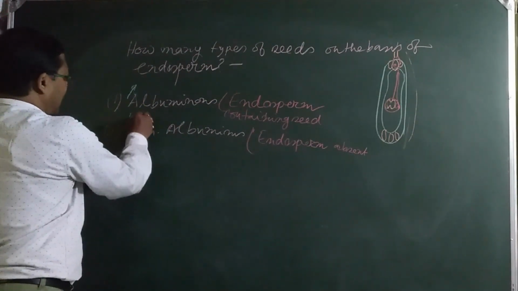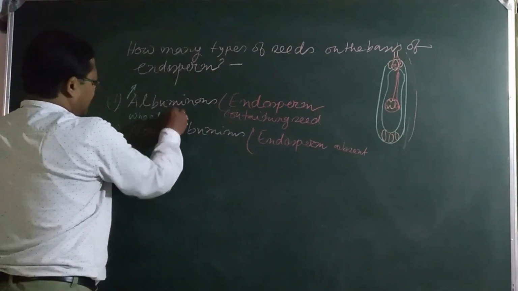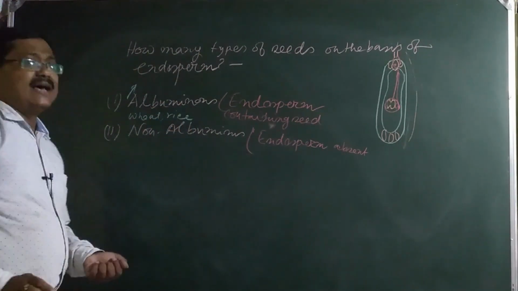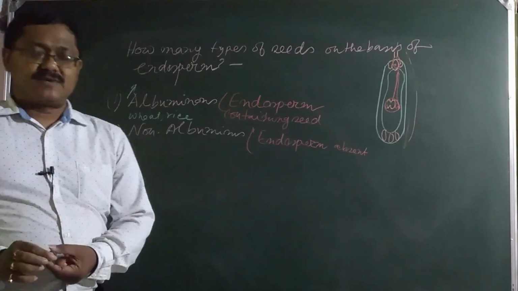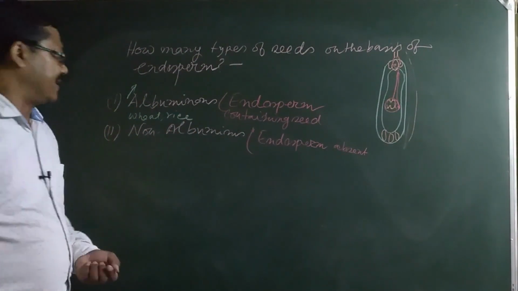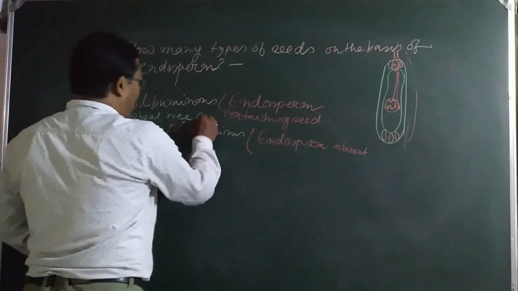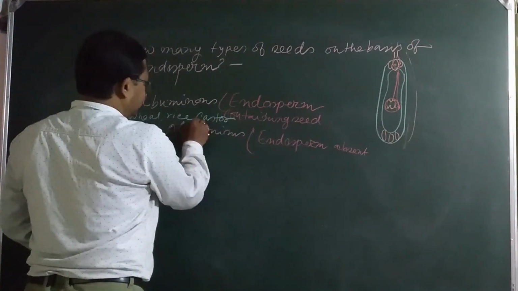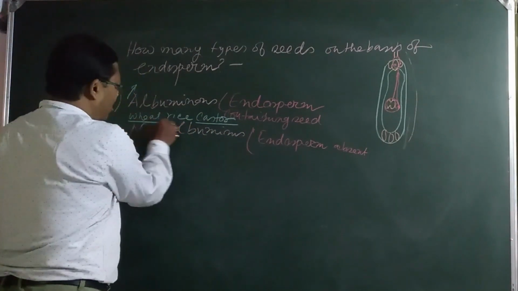Wheat and rice are endospermic monocot seeds. Some few dicot seeds are endospermic, that is the castor. This is a dicot, and these are monocots.